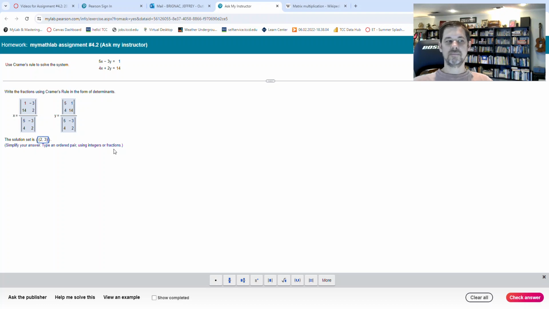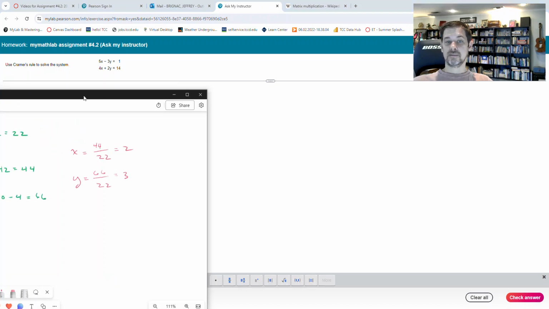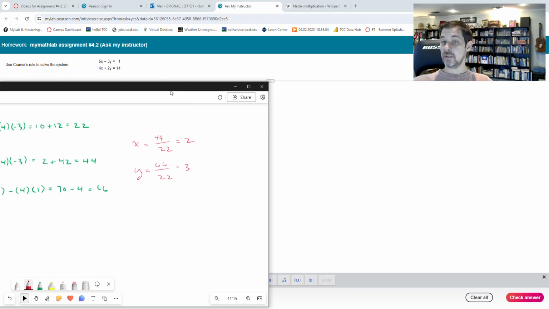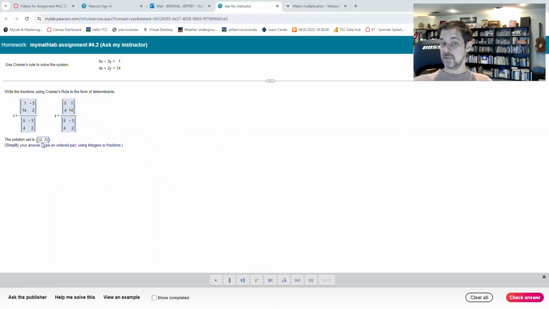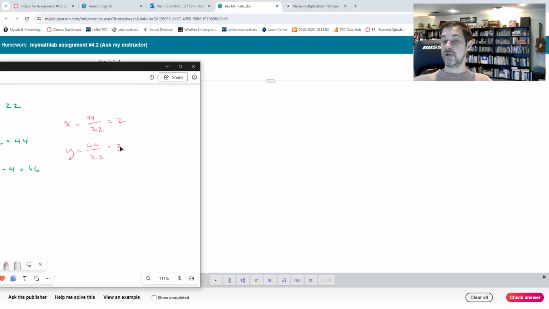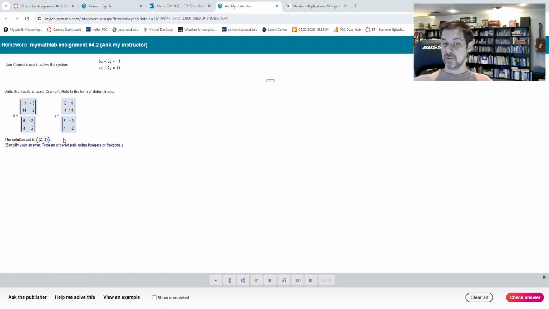That's an ordered pair. In addition to that, whenever we write an ordered pair, the first number in the ordered pair is the x. So x should be 2, so I was sure to put the 2 first, comma, and then the second number should be the y. So y should be 3, so I should put the 3 second.